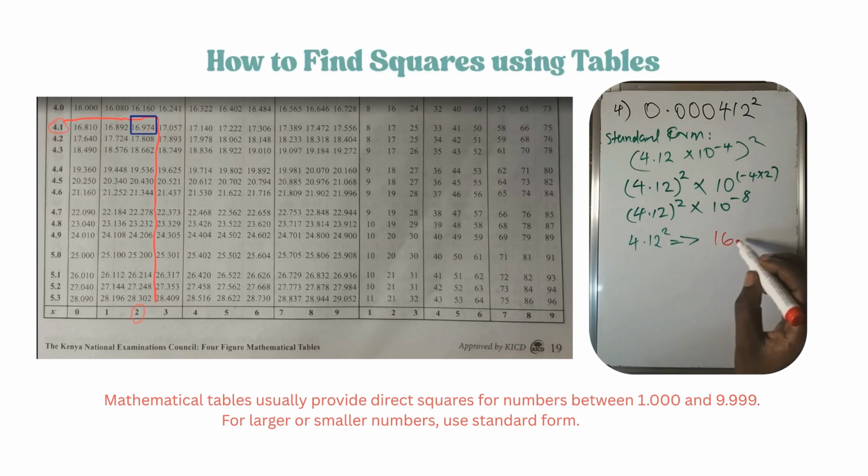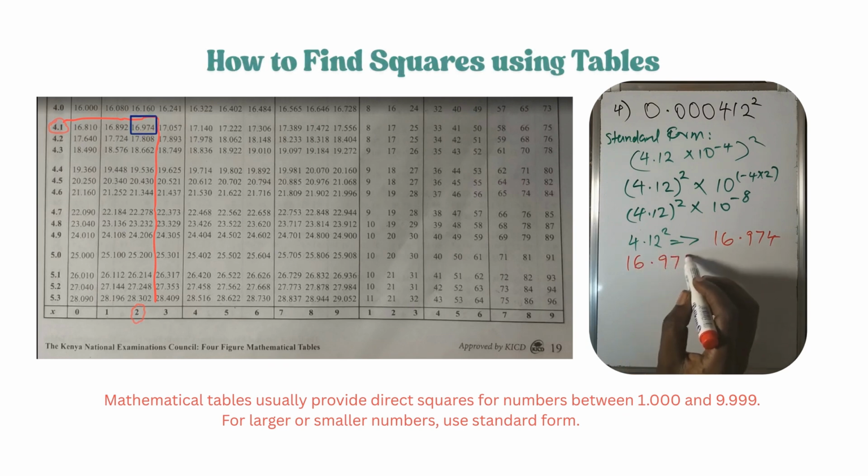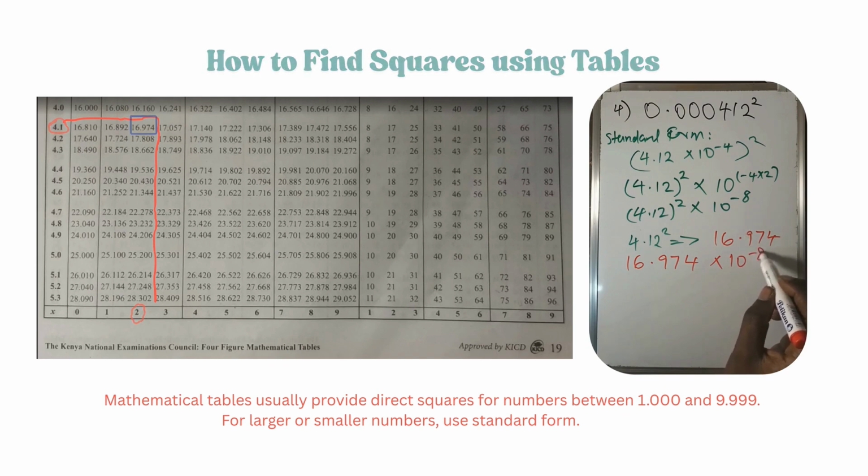So our answer will be 16.974 times 10 raised to negative 8. You can leave the answer in standard form.